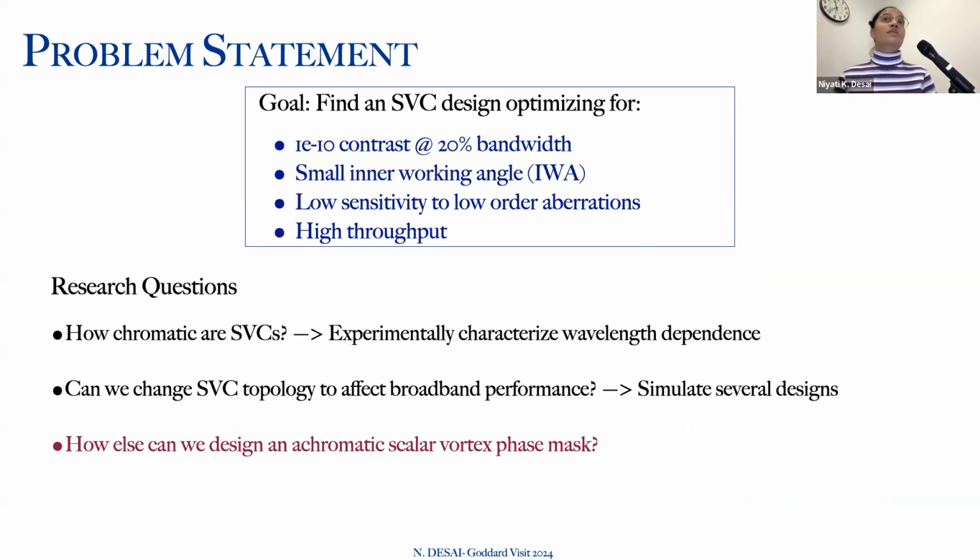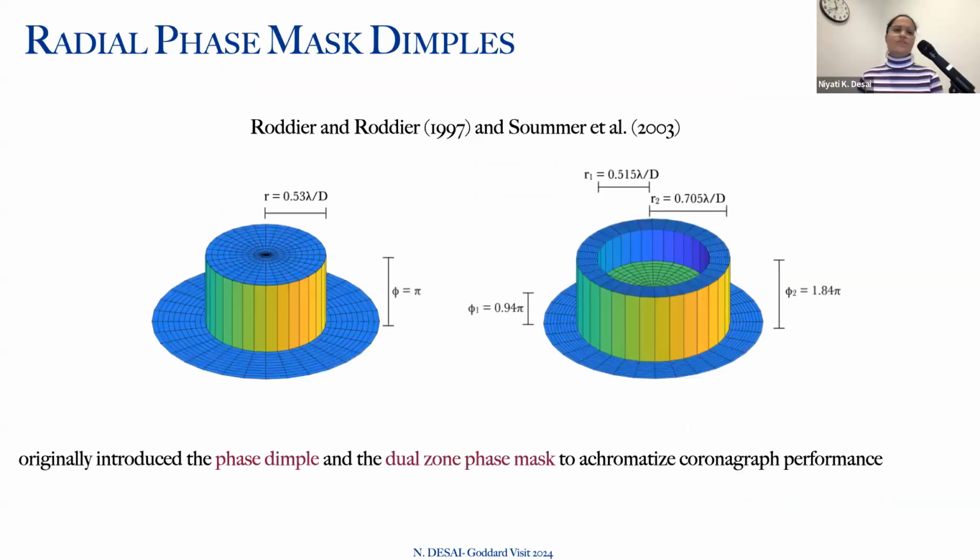We know other techniques in this field. There have been other coronagraphic techniques to directly cut at that zeroth order light that's going straight through. And these are two from some papers that were before the vortex was even come up with. For example, the Rouan and Rouan paper from 1997 and the Soummer paper from 2003 came up with ways that you can put central features that are radial.